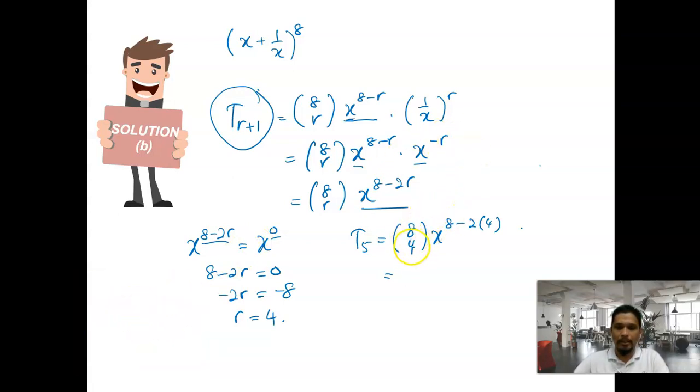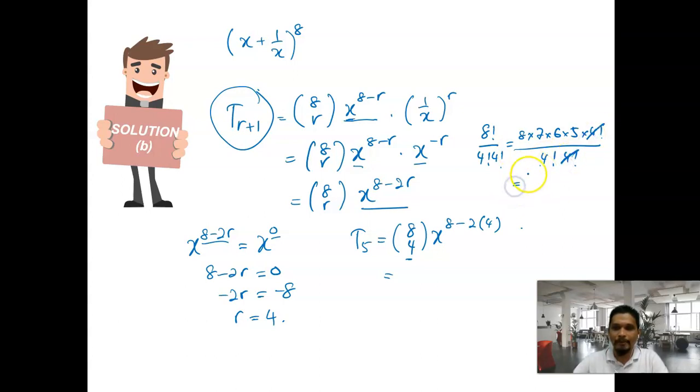This one here, 8 factorial divided by 4 factorial, 8 minus 4 equal to 4 factorial and 4 factorial, which is 8 times 7 times 6 times 5 times 4 factorial divided by 4 factorial and another 4 factorial.